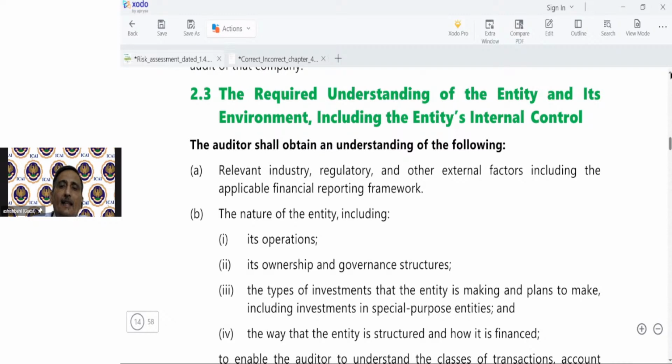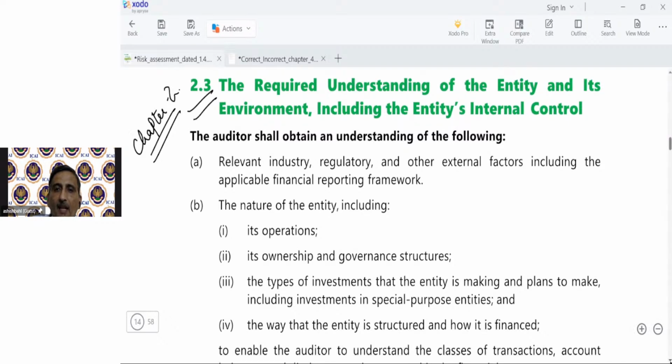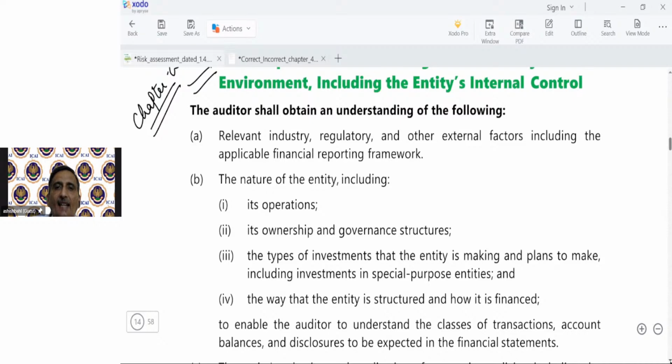And this topic, guys, this 2.3 topic, is the same as in chapter 2. So we would not waste much of our time on this subtopic and just have a glance at it.